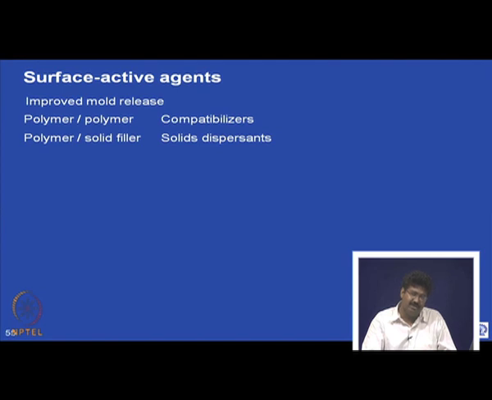Because of the presence of this low surface energy long hydrophobic tail, they migrate to the surface, and as a result they form a lubricating layer on the mold and the polymer surface. So, the polymer can be easily released from the mold.